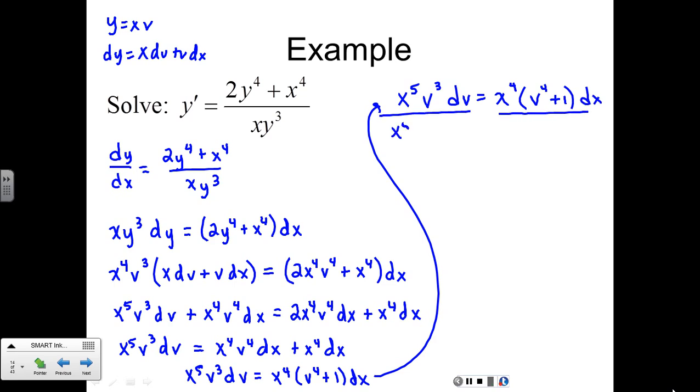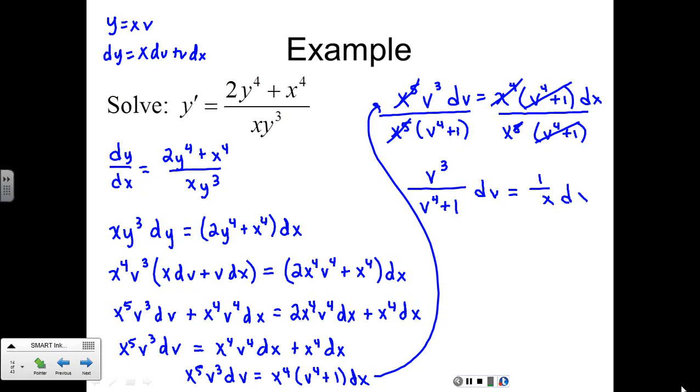We're going to take out the x to the fifth off both sides, and the v to the fourth plus 1 quantity off both sides. And I can get some simplifying here. So I've got v cubed over v to the fourth plus 1 dv equal to 1 over x dx. That's funny that it always seems like we get 1 over x almost every time.